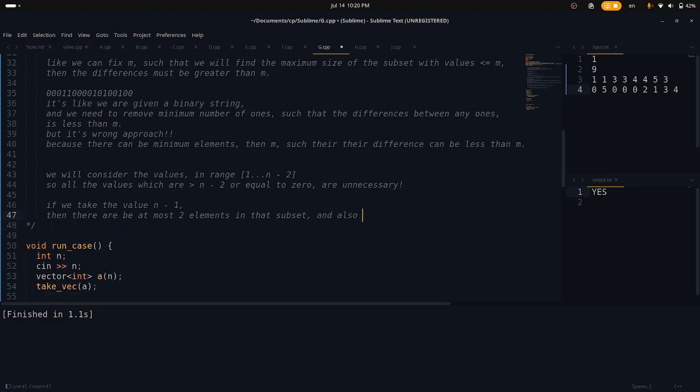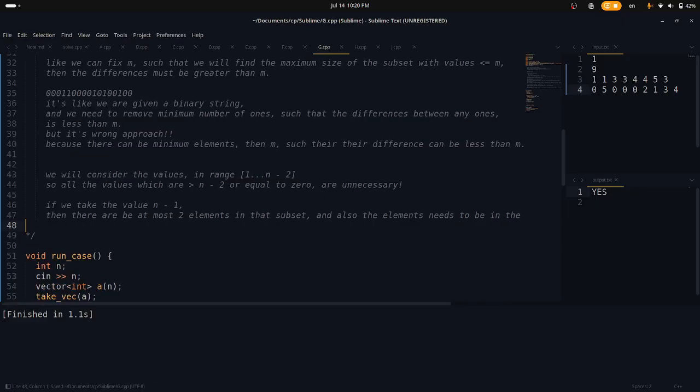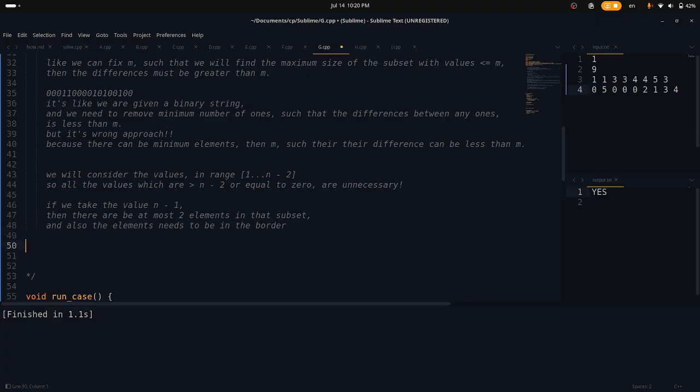And also the elements need to be in the border. Okay, if we choose the maximum element to be n minus 2, n minus 2, not n minus 1.